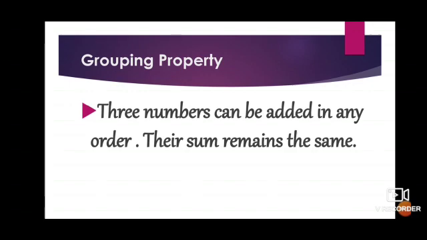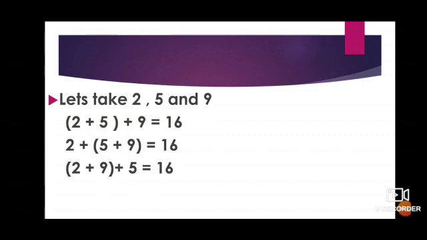Now let's see our second property, grouping property. Three numbers can be added in any order. Their sum remains the same. So let's see this with the example. We are adding 2, 5 and 9. 2, 5 and 9 we are going to group in different ways and add.